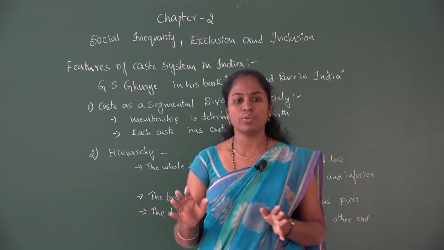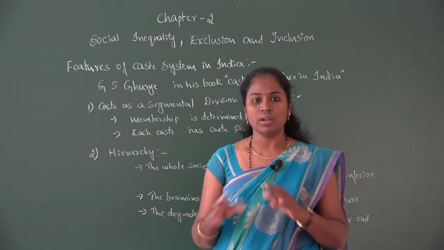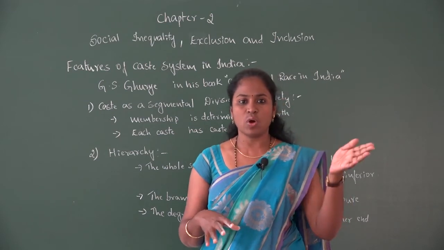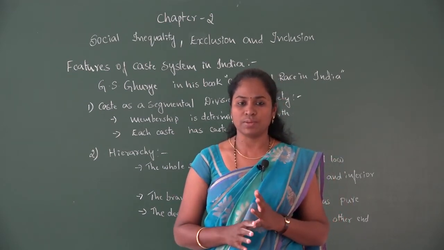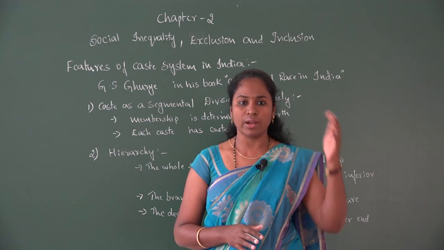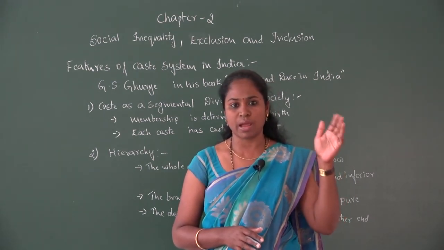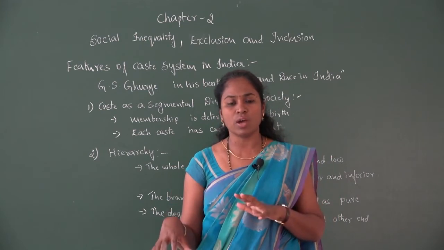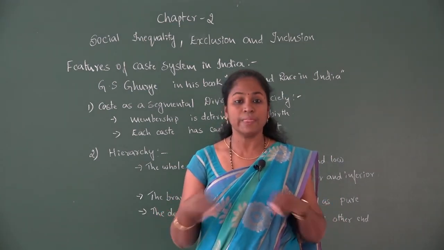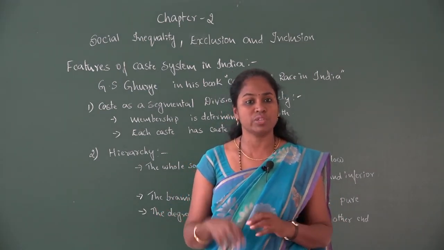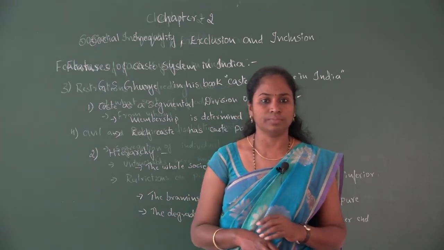So there was already a difference between the pure and the impure ones, the people who occupied the topmost position, the Brahmins, and the degraded ones. This is the inequality and discrimination we find in society.